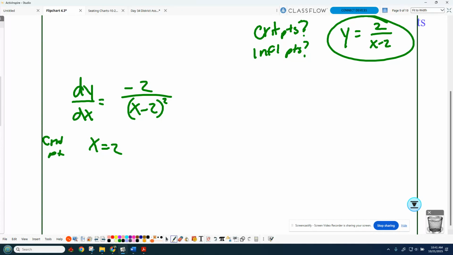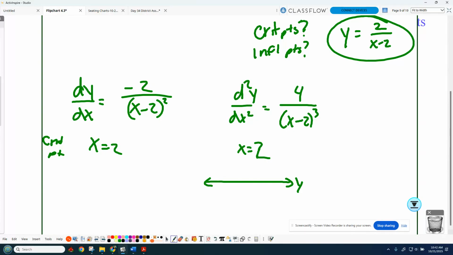Double derivative, multiply by the power, lower the power. +4 over x minus 2 cubed. And I don't know if it's an inflection point, I need to check if it changes sign.